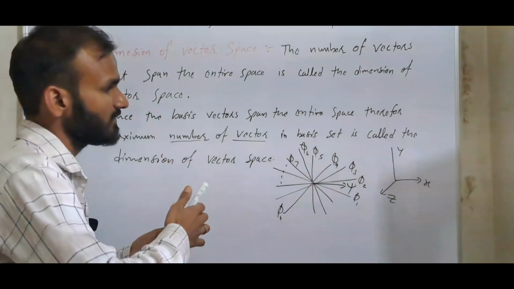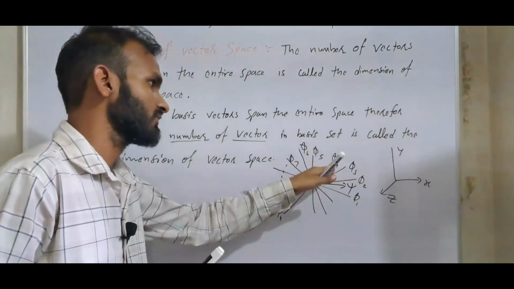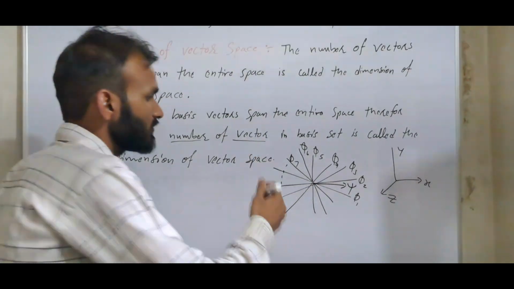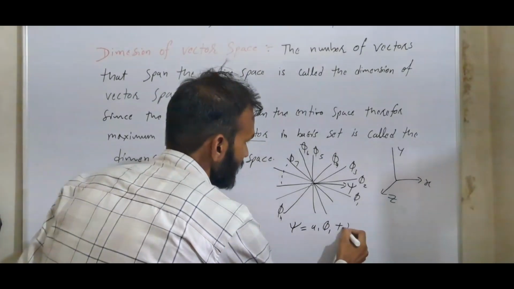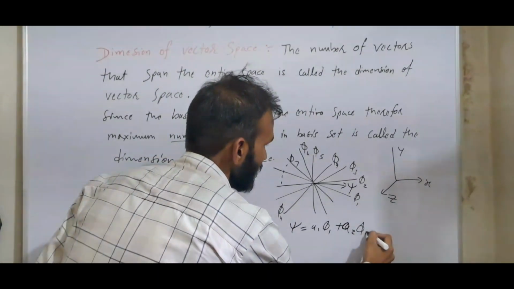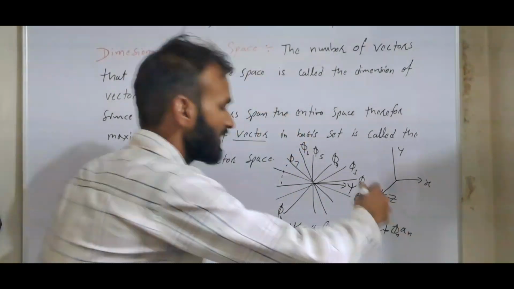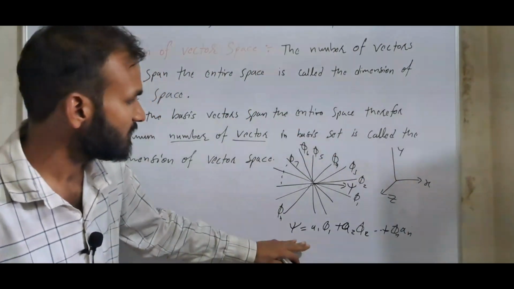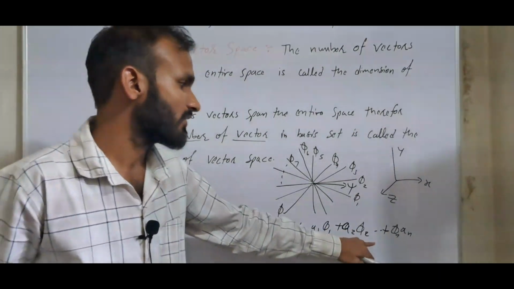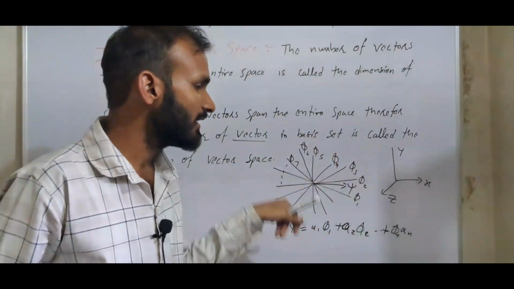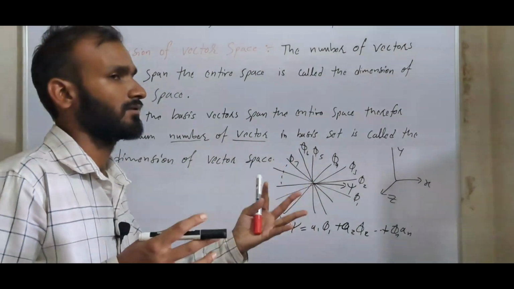So when you say that this vector has some shadow, some portion going into each of these vectors, you can write this vector in terms of a1 phi 1, a2 phi 2 and so on, plus an phi n. So this psi can be written as a linear combination of all these linearly independent vectors. So this is how n-dimensional vector space looks like.